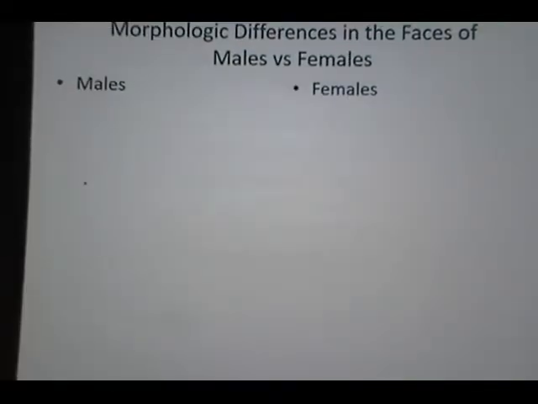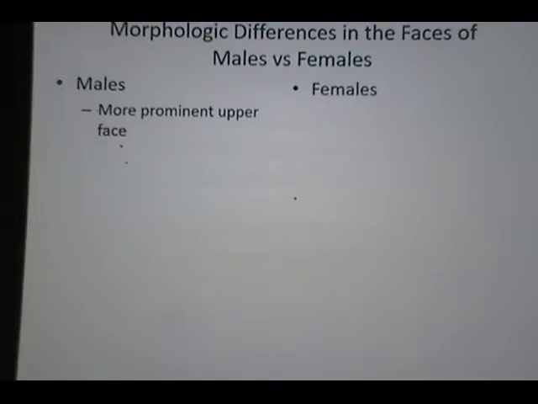Morphologic differences, I think we've talked about this before. Morphologic differences in gender, associated obviously with the face. So if we go through, males have a more prominent upper face.